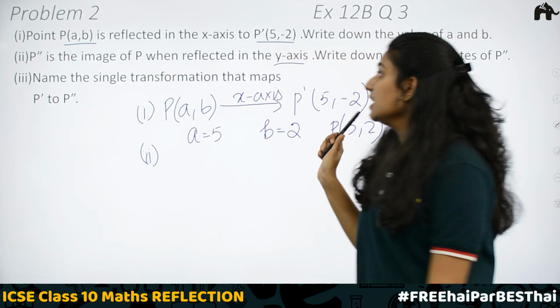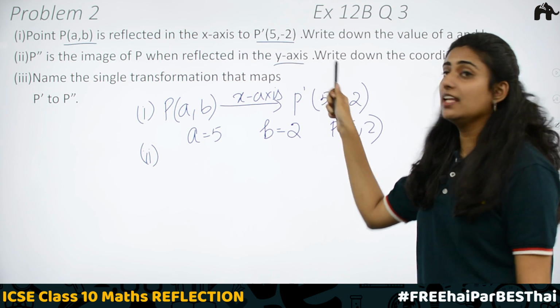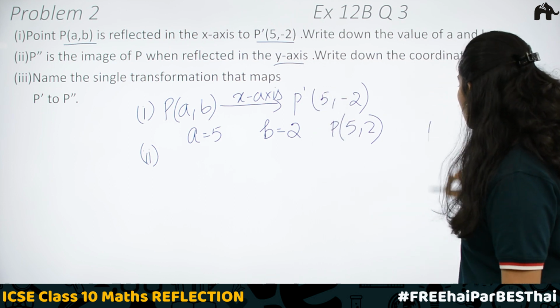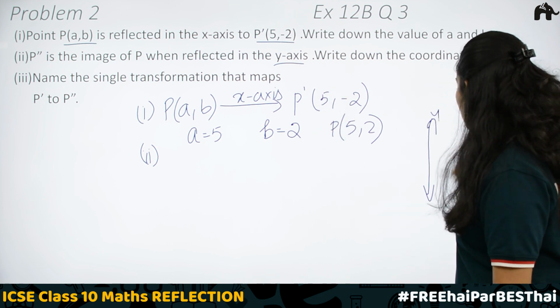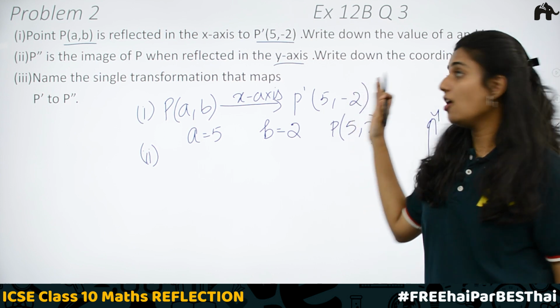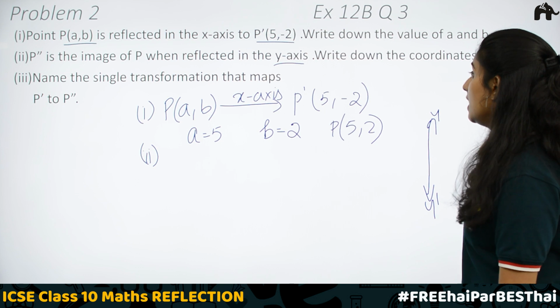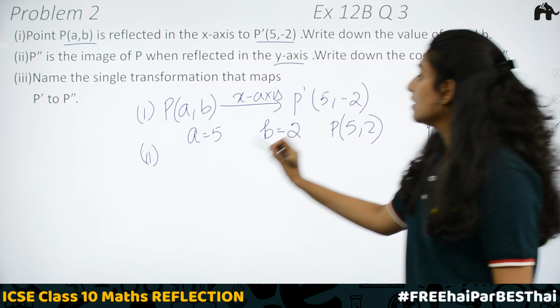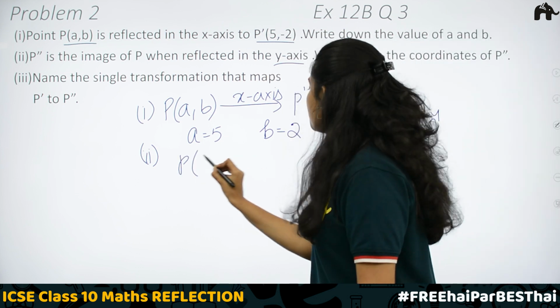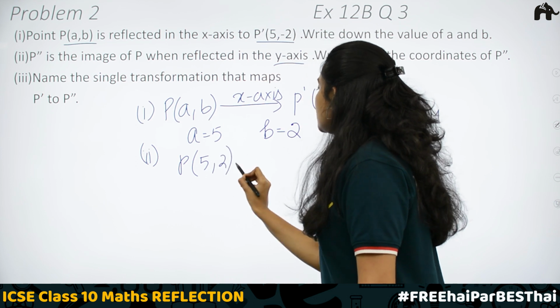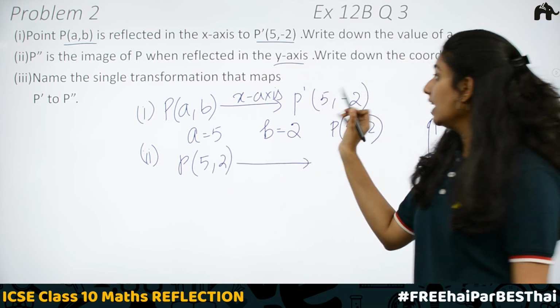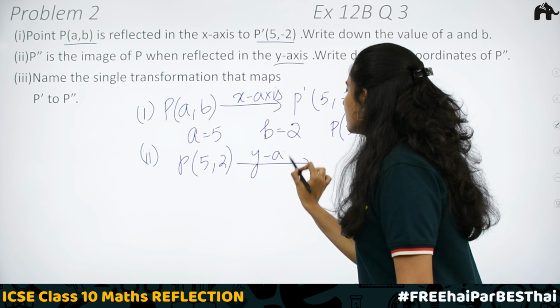Now the second. P double dash is the image of P when reflected in the y-axis. The y-axis we know is the vertical axis. When reflection happens along this y-axis, we get a point P double dash. So we have P(5, 2) undergoing reflection in the y-axis.